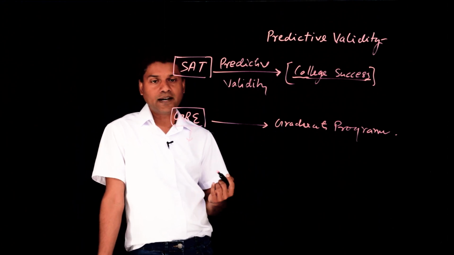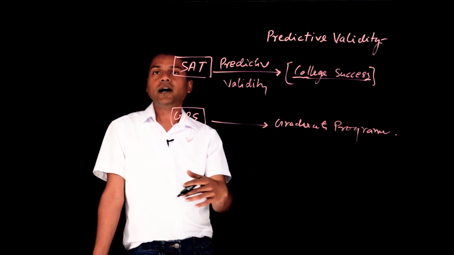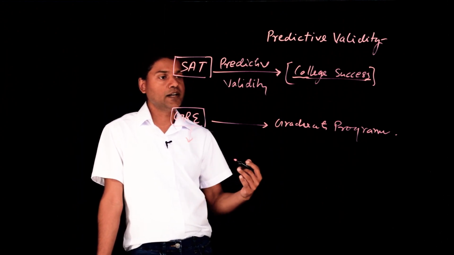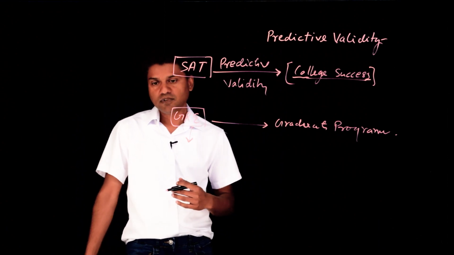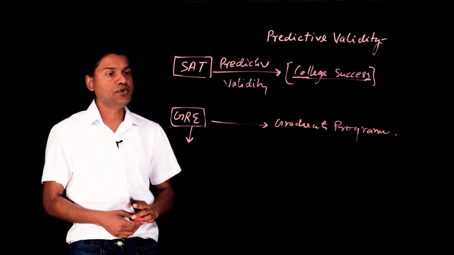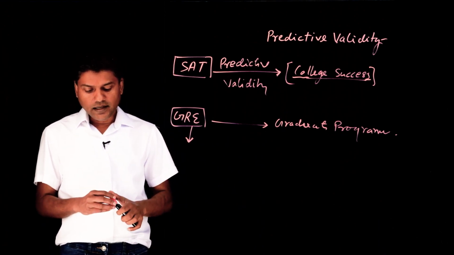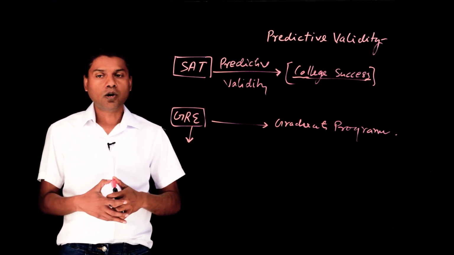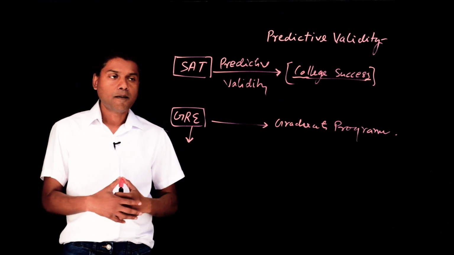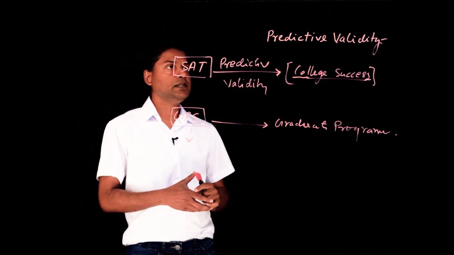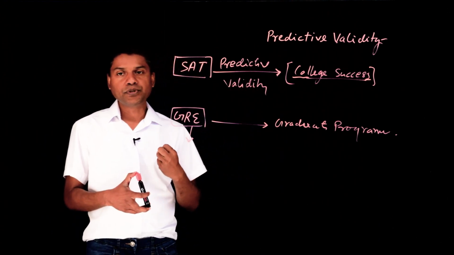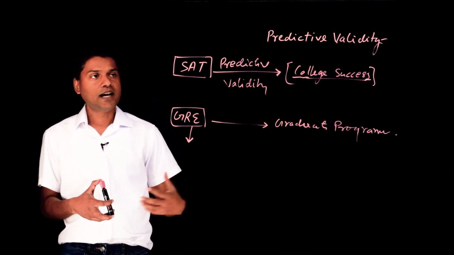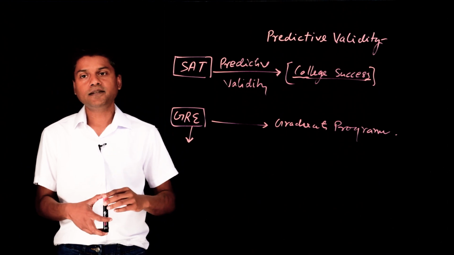So students are asked to take the GRE test, and the higher your GRE score is, the better are your chances to get admissions into graduate programs in various colleges and universities. So any test, whether it's an academic test or let's say a psychological test, predictive validity is the ability of the test to predict future behavior, future outcomes, and that's what predictive validity is.